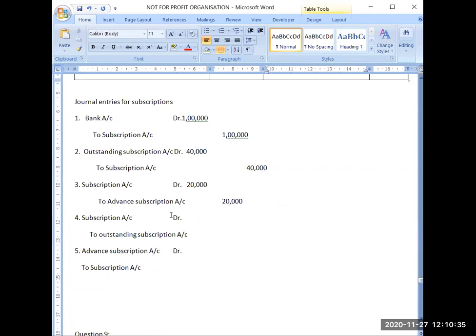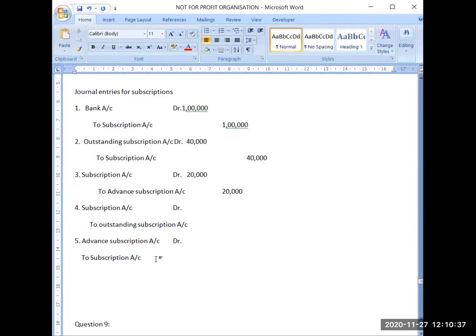Then we will transfer our income to the income and expenditure account. So the entry will be subscription account debit to income and expenditure account.